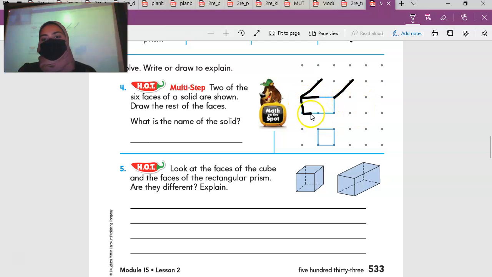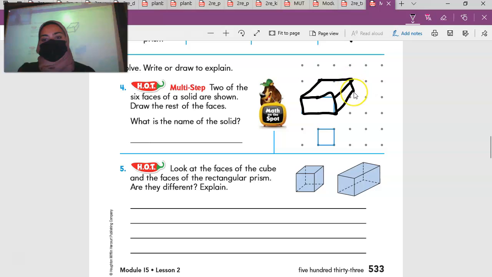So, there's a rectangular face, you can trace that. And then you draw a straight line from this vertice to this point, this vertice to that point. I need you to draw this with me. And then you connect these two. And then you draw a line from this vertice to this point.